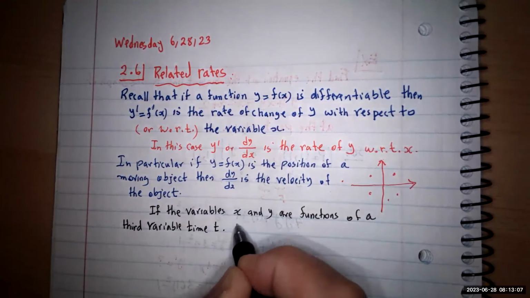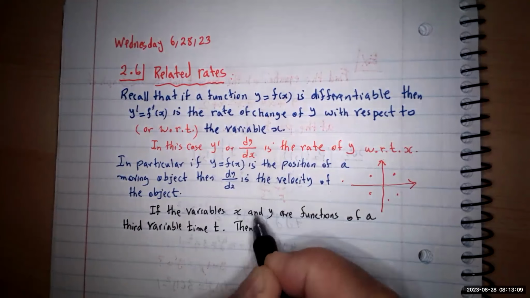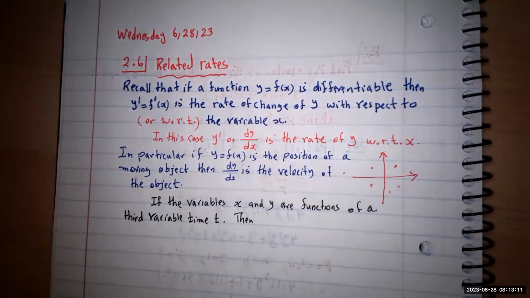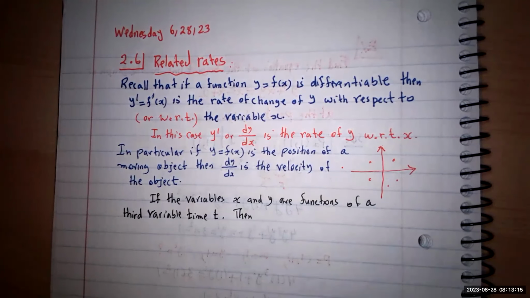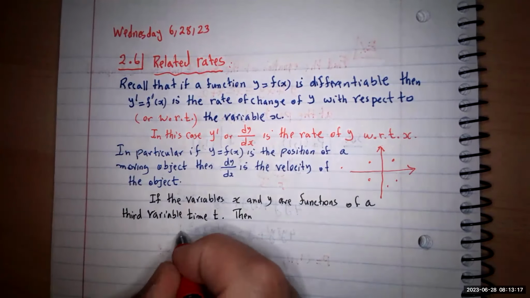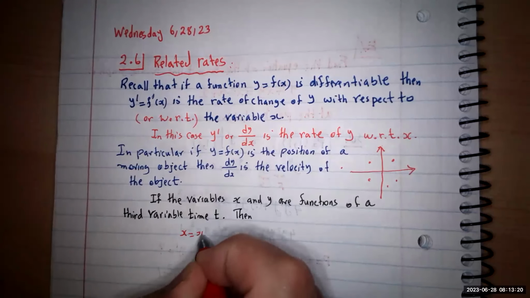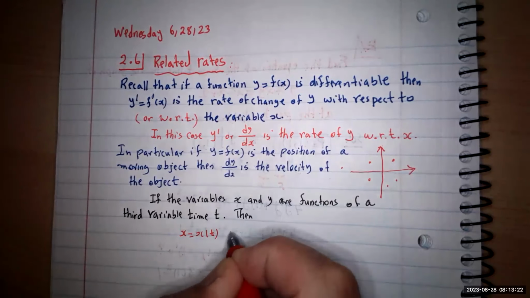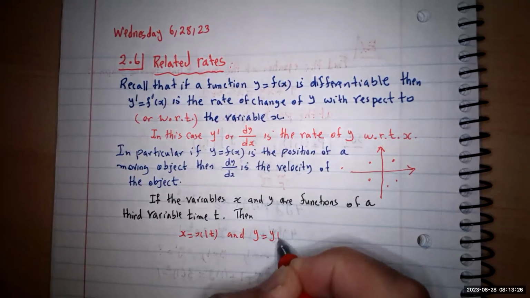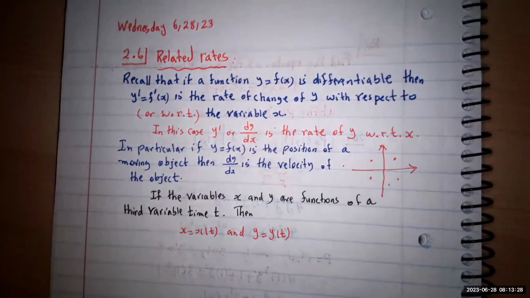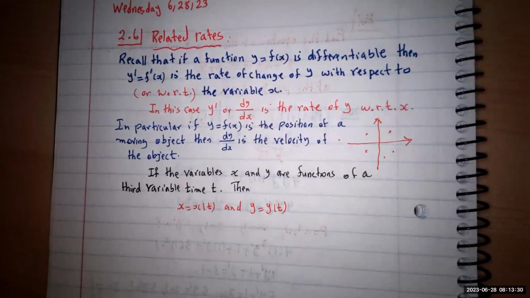If this is the case, then your x in this formula is going to be a function of t, so you can consider x as x equal to x of t. And your y can be considered as a function of t, you see? With this idea, you can give us your position at any time.